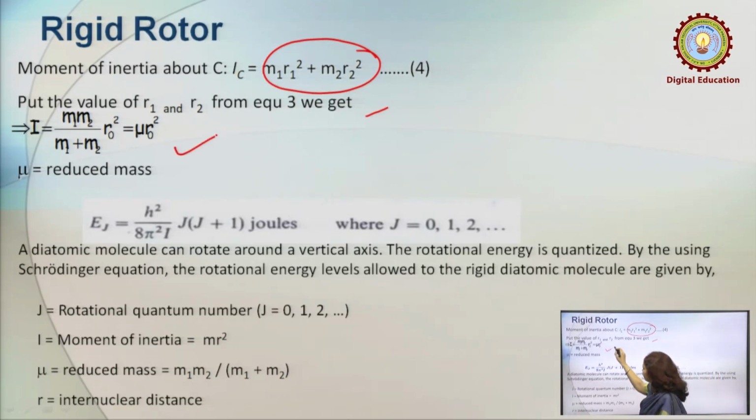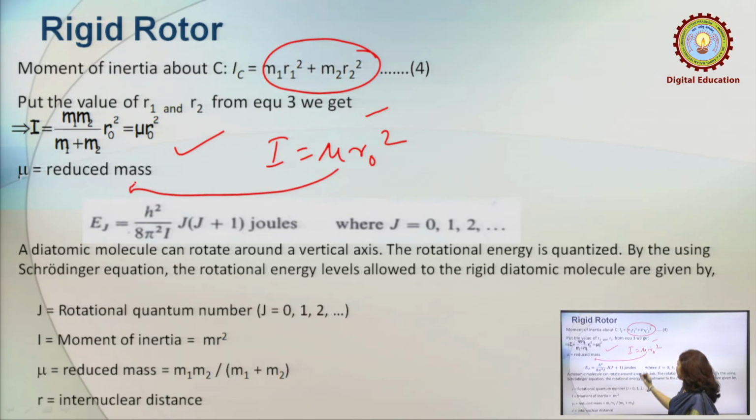We can get the moment of inertia as M1 M2 upon M1 plus M2 into R0 square, or I is equal to mu R0 square, where mu is your reduced mass.